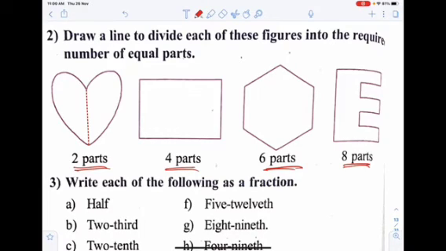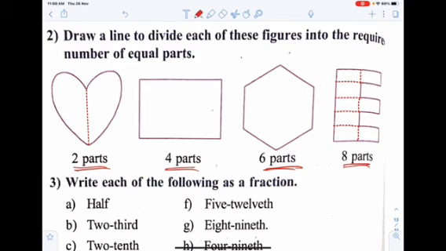For that we can actually divide like this. Okay. Now I have got 1, 2, 3, 4, 5. Now if I divide okay.